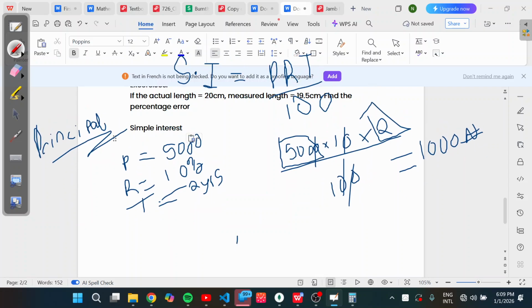Now, if they ask us for the total amount, it is given as principal plus interest. So that's just going to be 5k plus 1k, and that will give you 6,000 naira.